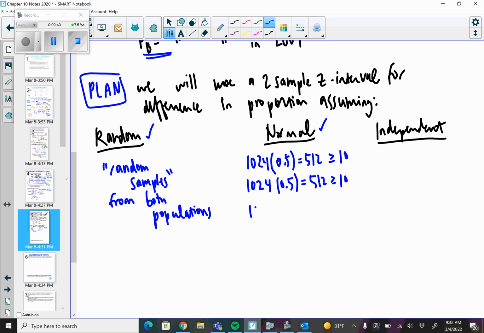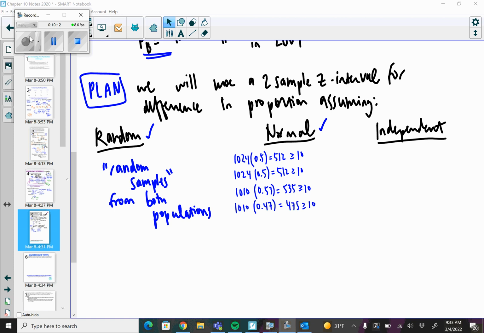And then 1010 times 0.53 is 535, which is greater than or equal to 10, and 1010 times 0.47 is 475, which indeed is greater than or equal to 10. Our normal condition has been checked.